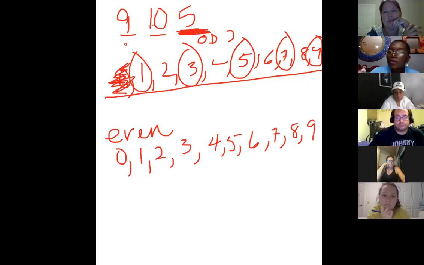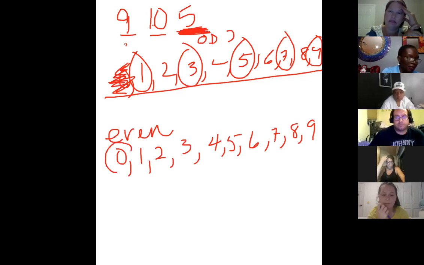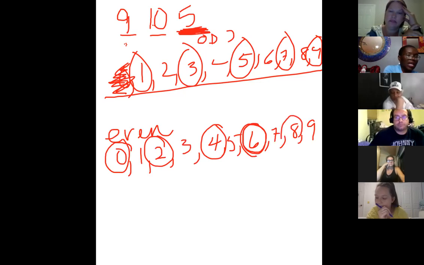Okay, so if we want an even number, we want this last digit right here to be an even number. It could end in a 0, a 2, a 4, a 6, or an 8. How many choices is that? 1, 2, 3, 4, 5 choices.